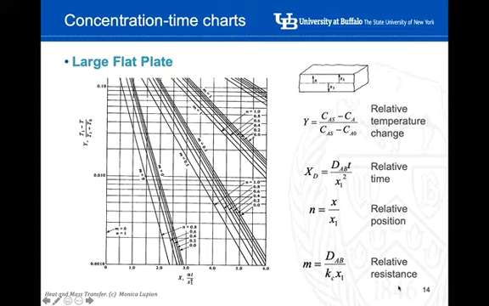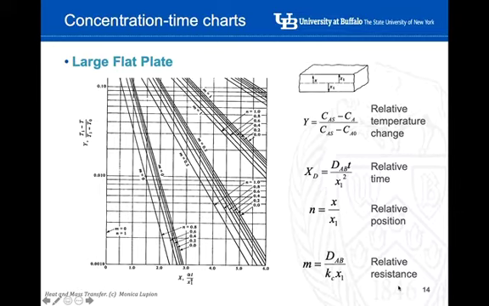Okay, so once we calculate, let's say, y, n, and m, we get into the chart, and depending on the values of y, m, and n, we can calculate the value of x. With the value of x, we are able to determine the time, and vice versa.